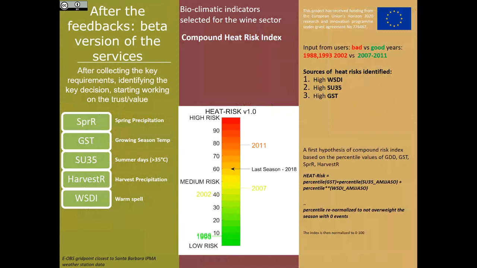But since the first interaction, we understood that the GDD is quite close to the growing season temperature bioclimatic indicator in terms of behavior, and so we substituted the growing degree days with the harvest precipitation, because it could be more important for the decision about the sanitary treatment and the harvest duration and so on. That's my perspective on this.